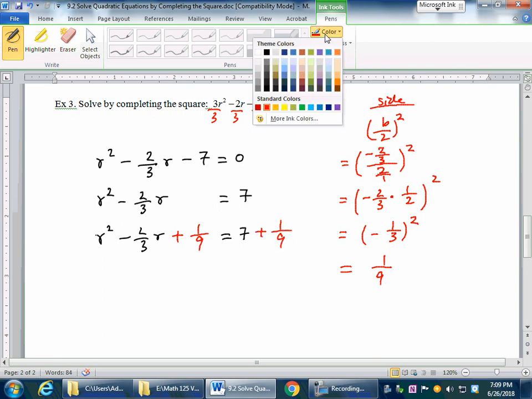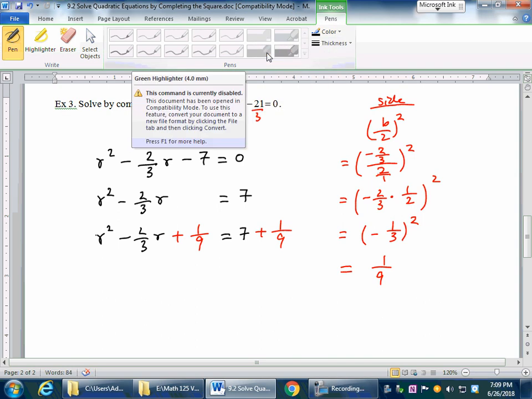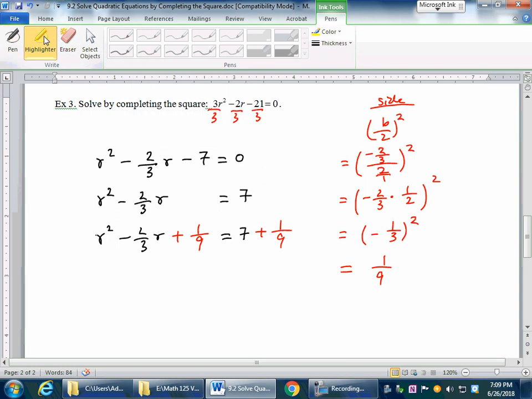And here is the problematic part. Because factoring with an integer is very easy, but factoring with fractions is slightly more difficult. So to make it fast, you need to remember this, because we make the left-hand side a perfect square trinomial. Therefore, we know what the factors are going to be.